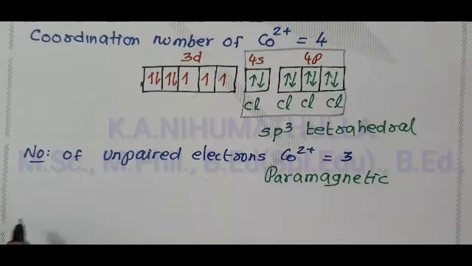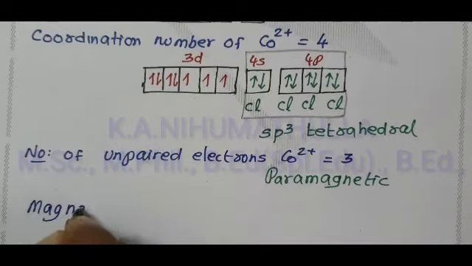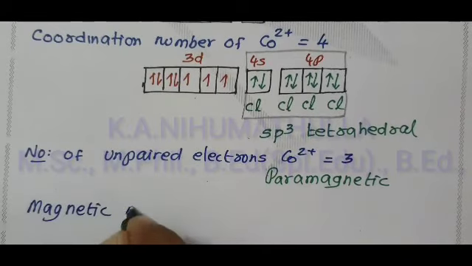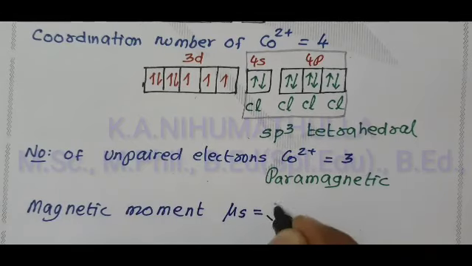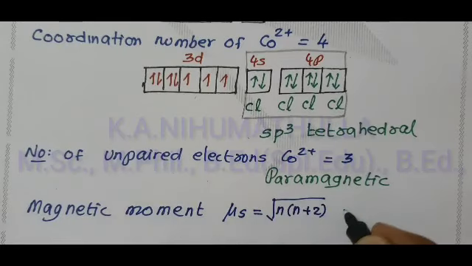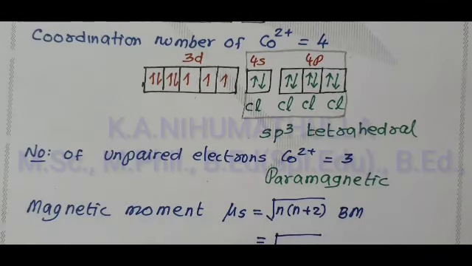From the number of unpaired electrons, we can calculate the magnetic moment. Magnetic moment μs equals root of n(n+2) Bohr magneton, where n is the number of unpaired electrons, equal to 3.